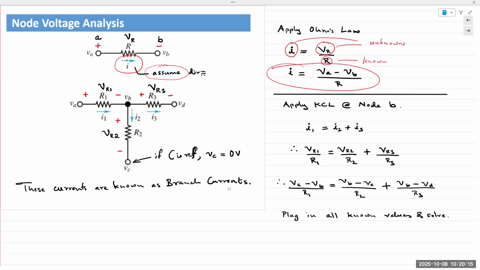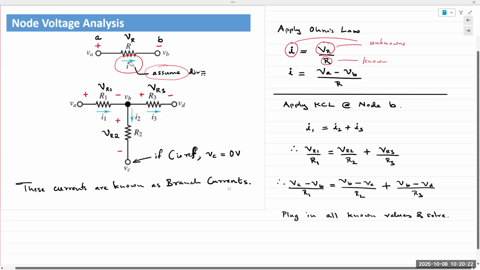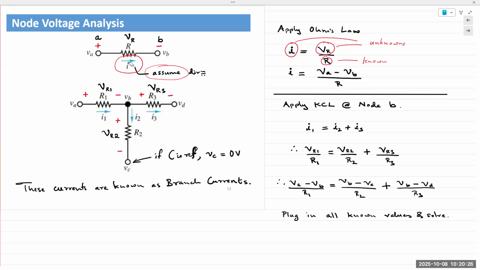Even after emphasizing this, come quiz time and exam time, I still see solutions where students have this as the first step. And then there are invariably errors in the solution. The reason this is important is because once you have VR over R, now we can describe VR as the difference between A and B.